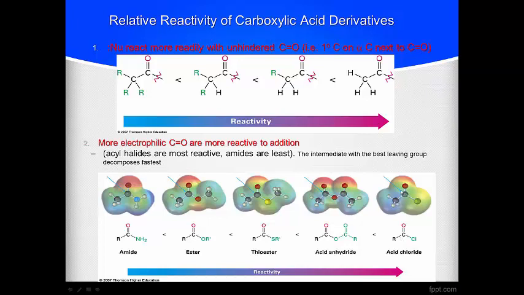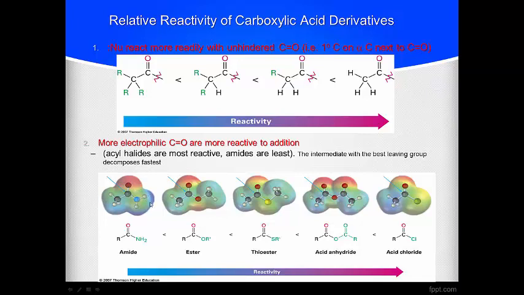So looking at these electron density graphs here, we've got our nitrogen and our carbonyl carbon in the center here, and you can see there's lots of red here, and a little bit of blue. So blue is positive, red is negative on this diagram here. Okay, so electron rich and electron poor.